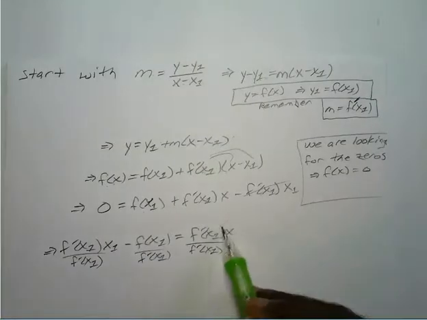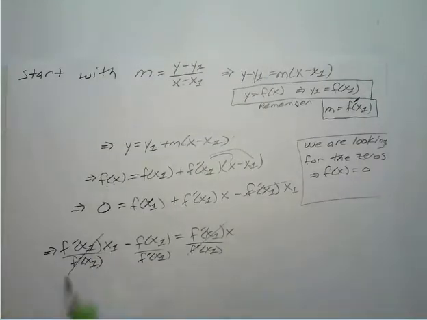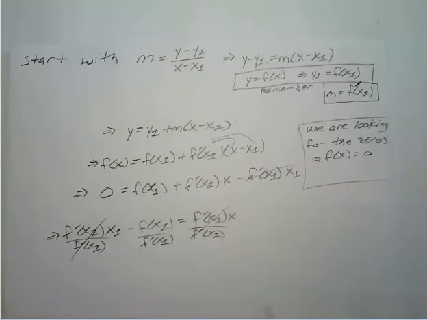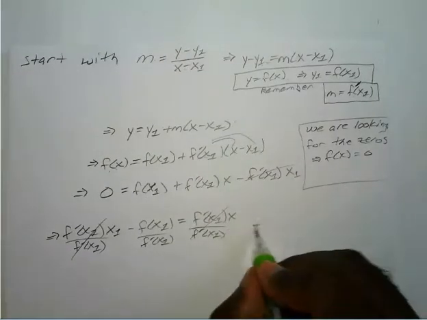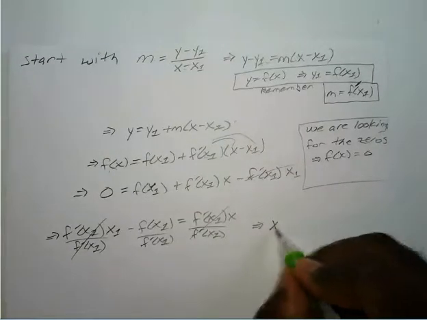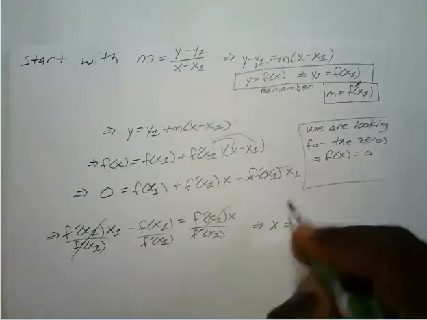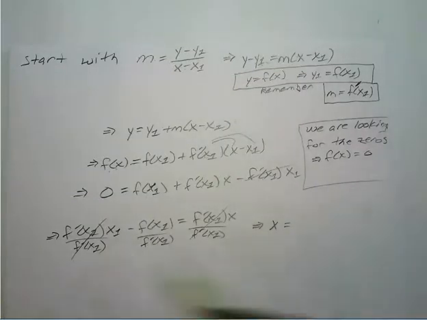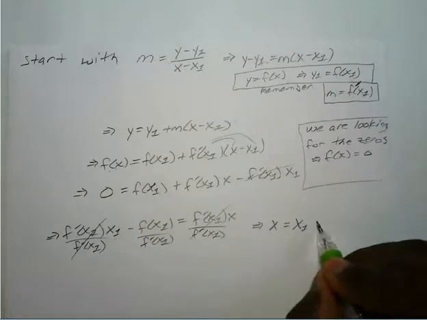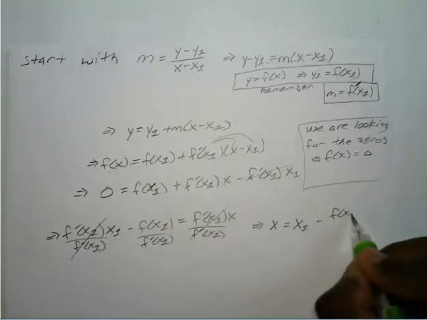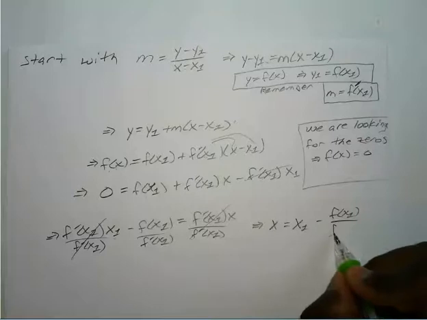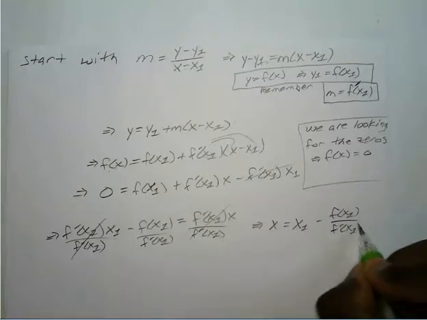Alright, so you see here, the f primes cancel out here, and they cancel out here. So you end up with x equals x1, because that x1 is by itself, minus f of x1 over f prime of x1.